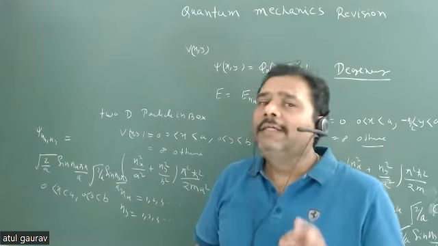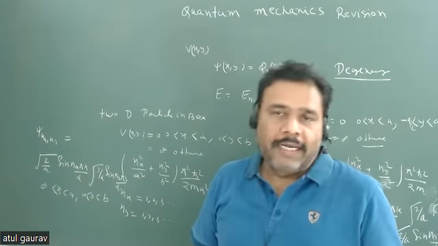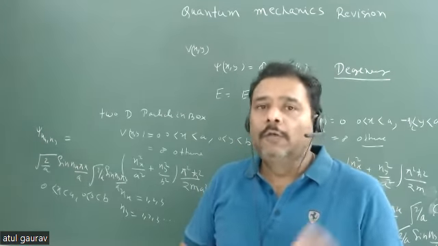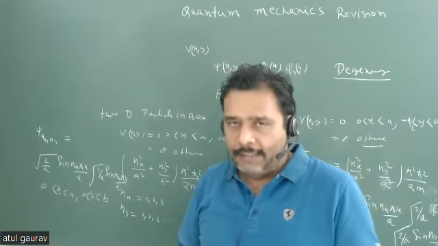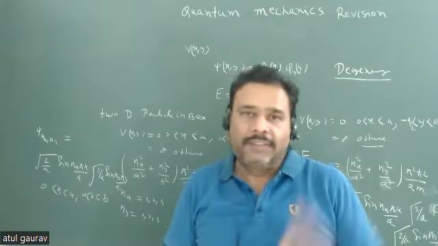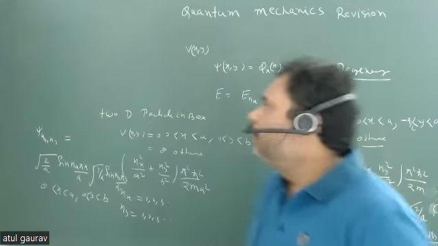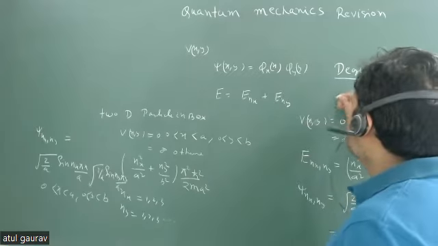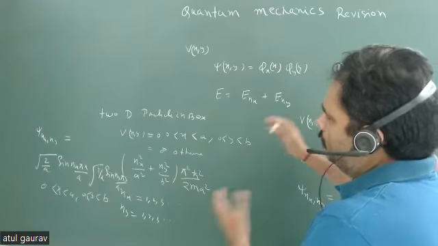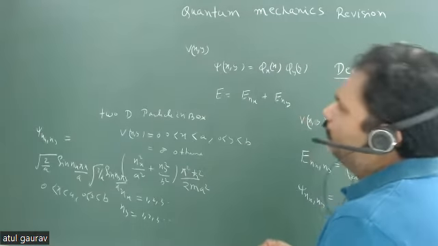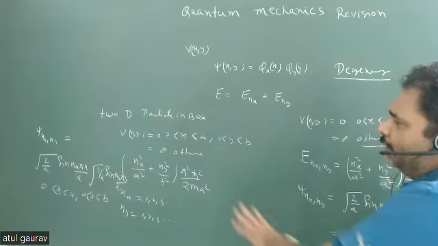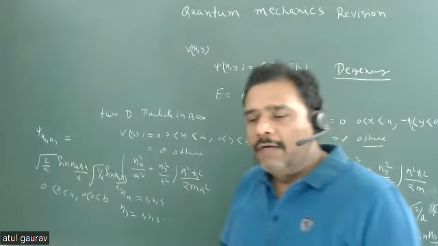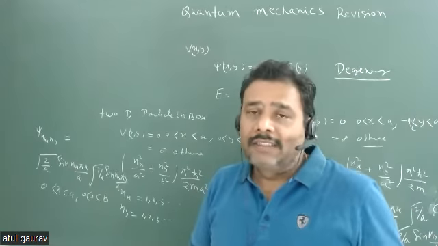At this point, you can also include the concept of identical particles that you learned in statistical mechanics. Suppose you introduce 8 fermions or 10 fermions, then what will be the energy eigenvalue for the ground state? What will be the energy eigenvalue for the first excited state?